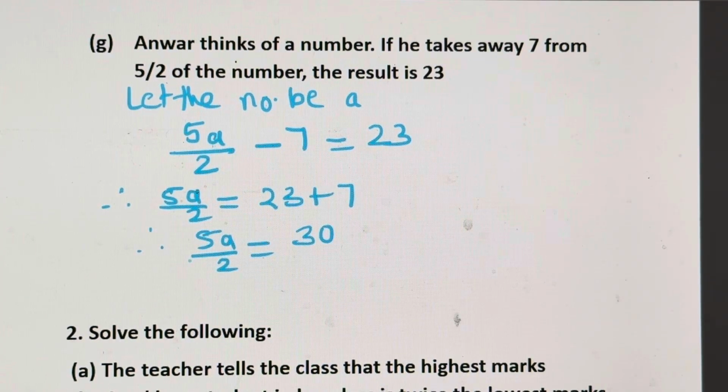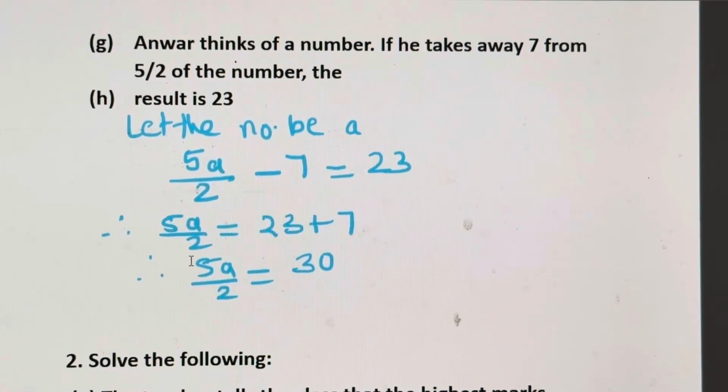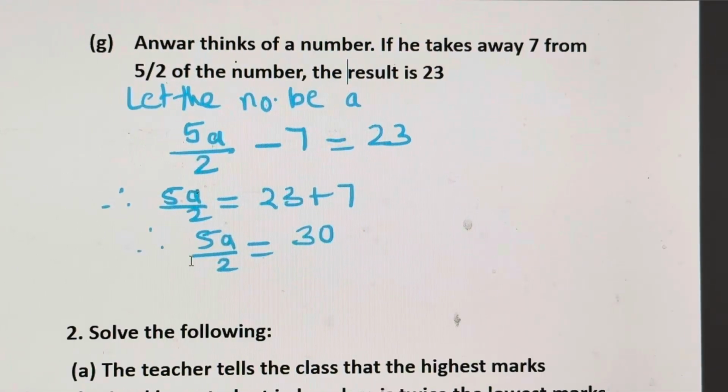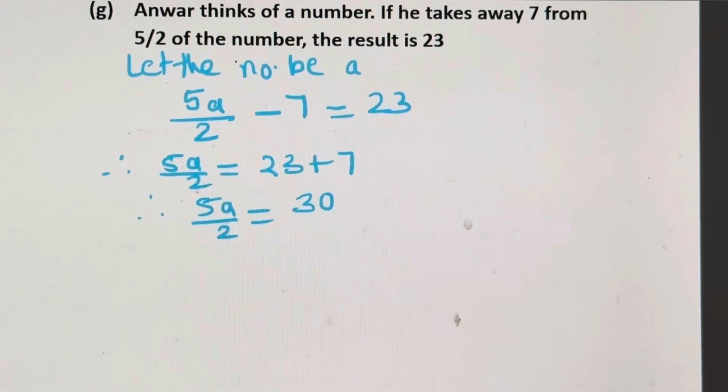Now, what do we do? We take 5 upon 2, which is a fractional number, on the other side. So what will happen? For 5 upon 2, we write its reciprocal. We write A on the left hand side. We are taking 5 upon 2 together.